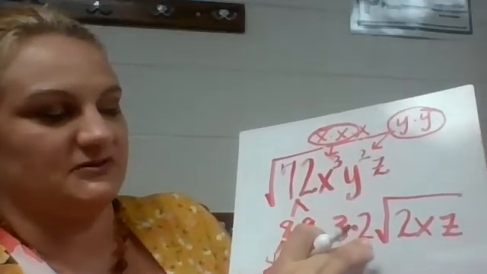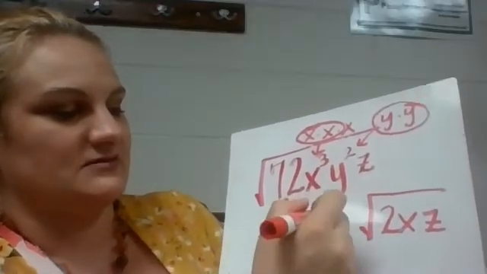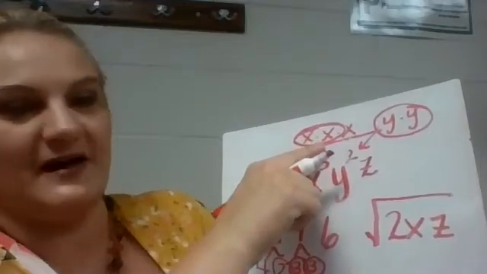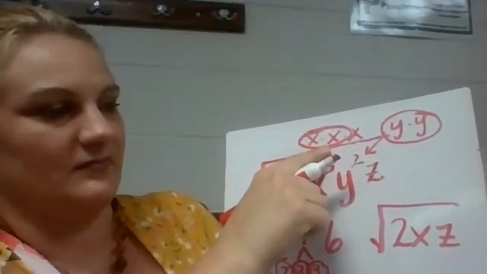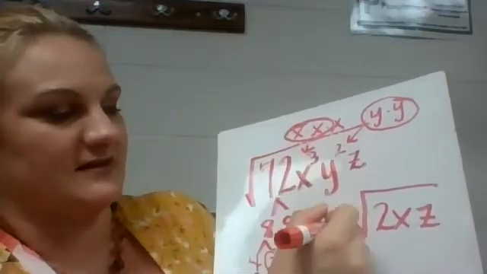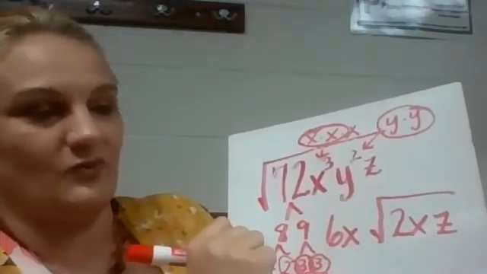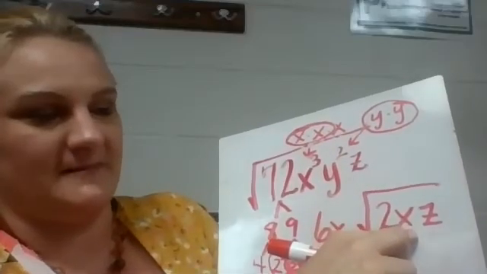So everything I can pull out, so watch this. What is 3 times 2? 6. So 6. And then what date did I pull out? y and x. Good job. I pulled out a pair of x's. How many times do I write it? Once, because they're going in the same car, but then they're leaving their friend, right?